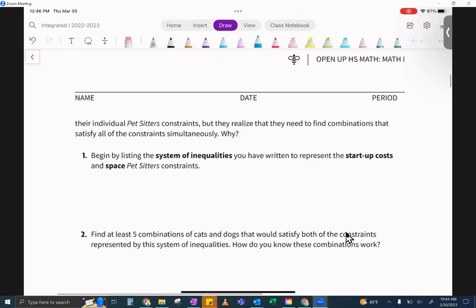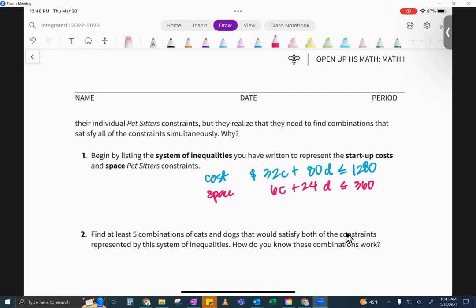So that was 32C plus 80D is less than or equal to 1,280. And then we had the space constraint, which was 6C plus 24D is less than or equal to 360.